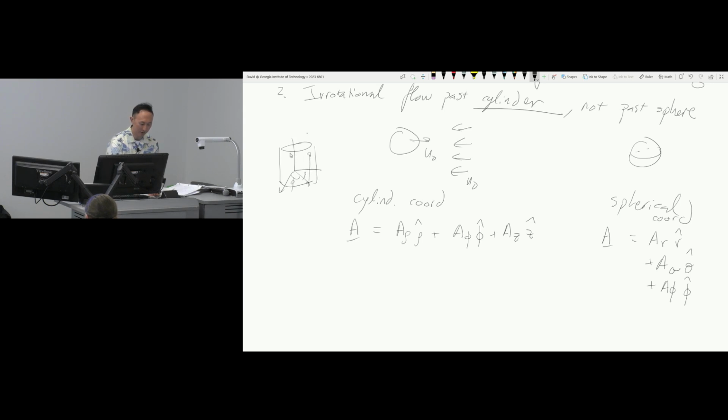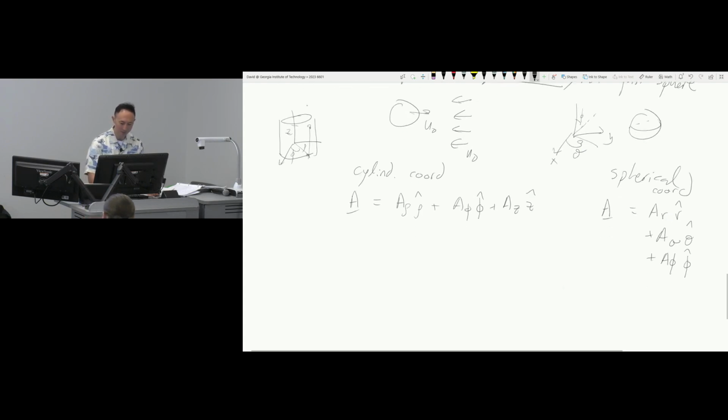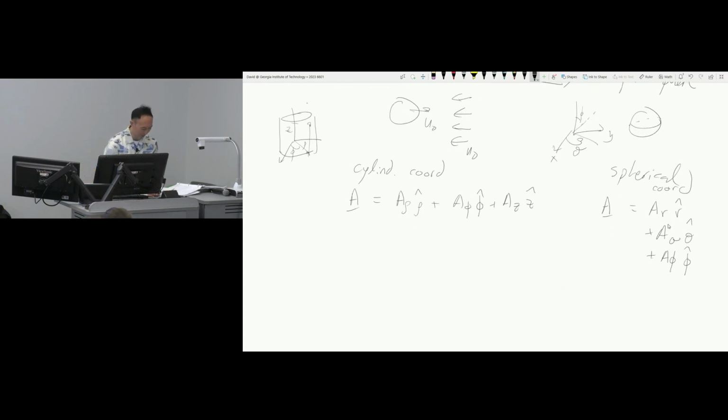Spherical coordinates, you have your radius, and then you've got two angles. This is from memory; I think it's like this. This is x and y, this is theta. But there are two angles, and one radial vector.